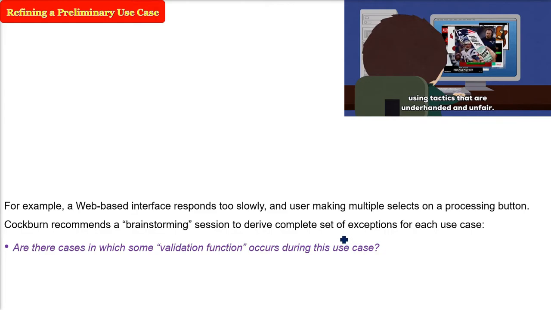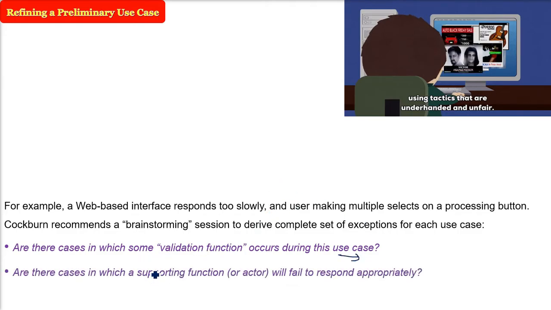So the questions here are: are there cases in which some validation function occurs during this use case? Some validation function is there that may fail, that may pass. Are there cases in which a supporting function or actor will fail to respond appropriately? Because you are accessing the website through a remote location, there can be multiple scenarios and multiple questions, which Cockburn has recommended.